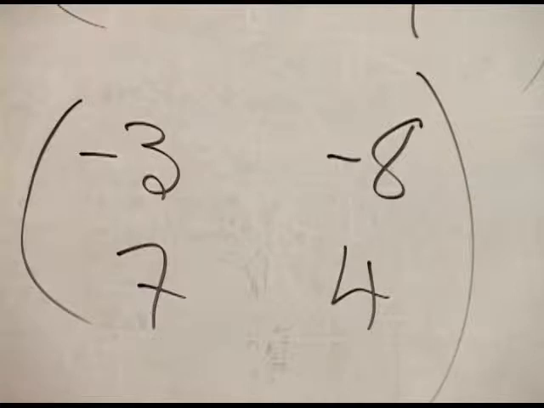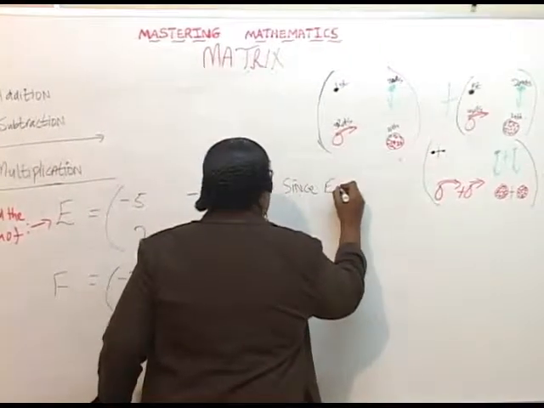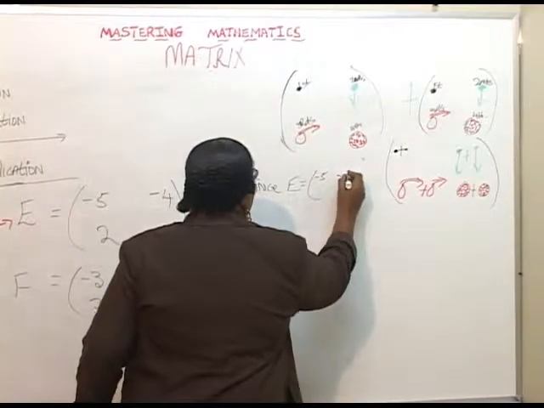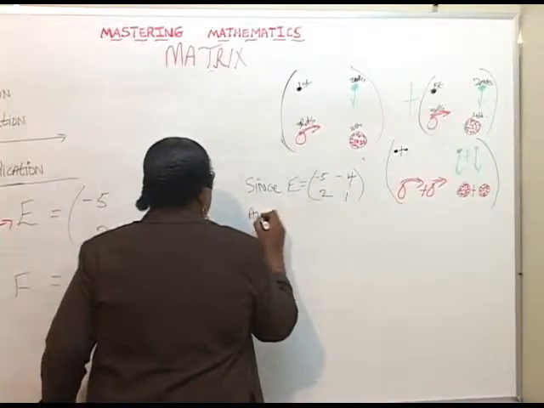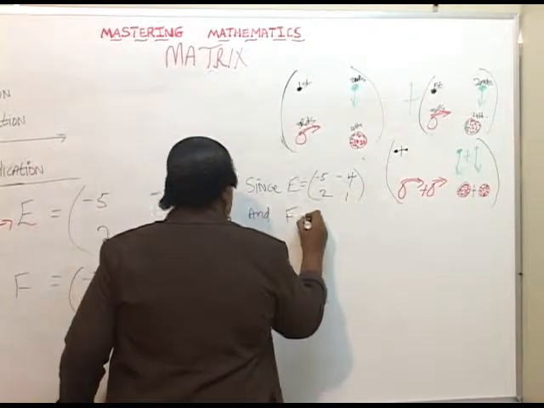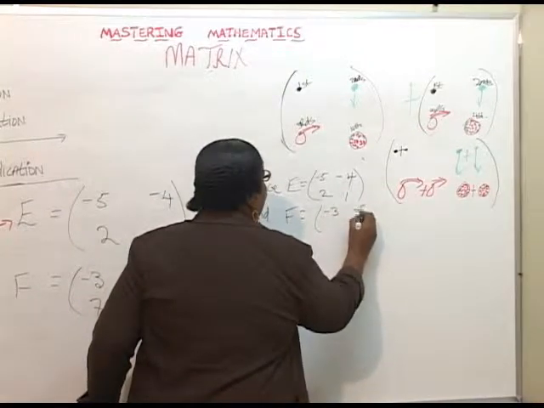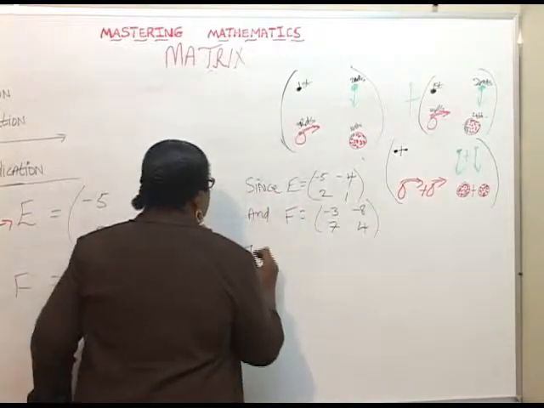Stating your sum and not just giving an array of numbers, we would write: the matrix E is equal to -5, -4, 2, 1, and F is equal to -3, -8, 7, 4.